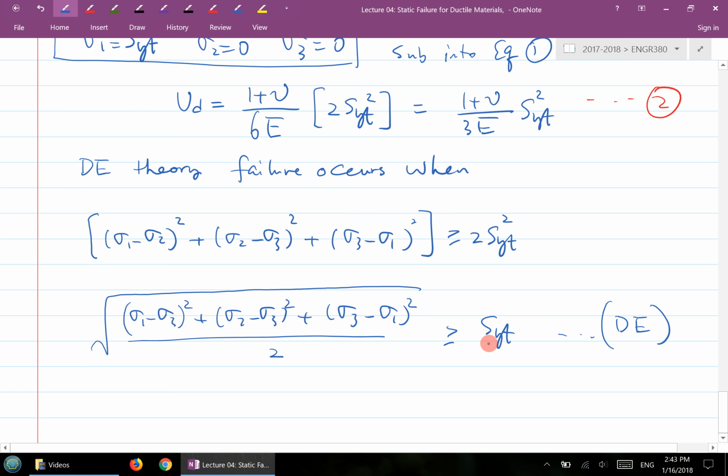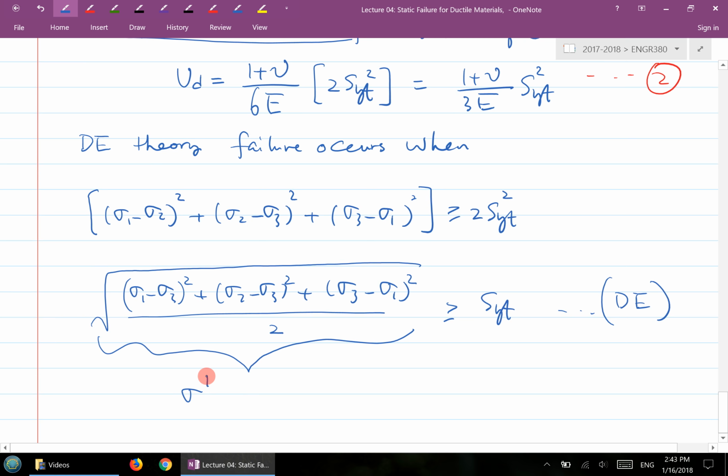The whole left side, we call sigma prime, and this is called the von Mises stress.